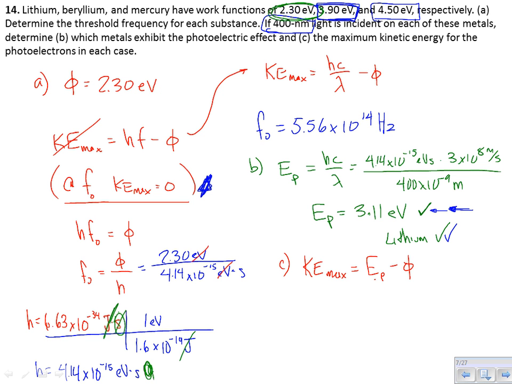We said the photon is 3.11 eV, and it took 2.30 eV just to get one out, so we're left with electrons with up to a maximum kinetic energy of 0.81 eV.